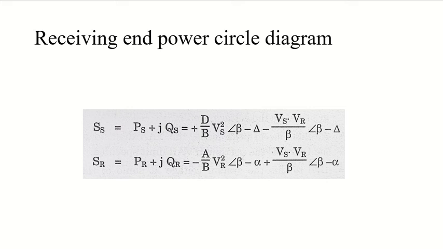It is represented by this formula, which we derived in the very previous lecture, so I'm not going to repeat everything here again. The apparent power on the receiving end can be given by PR plus jQR, and the formula for that is given here.